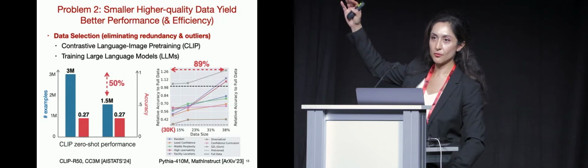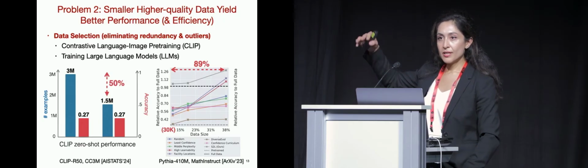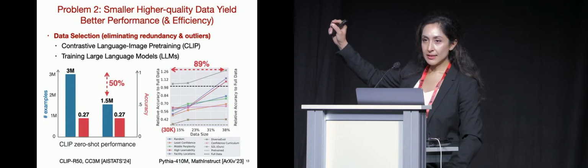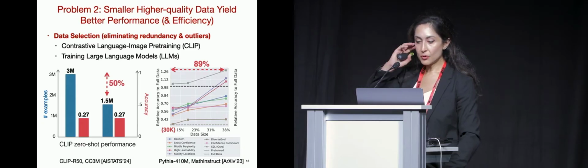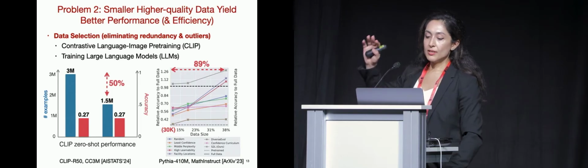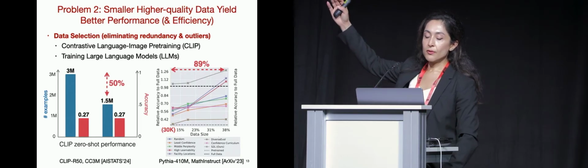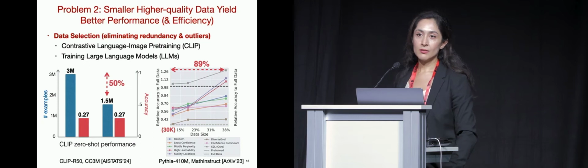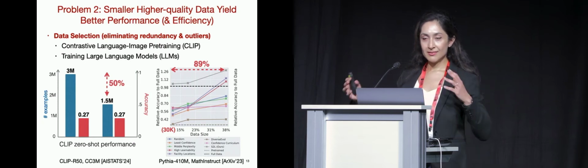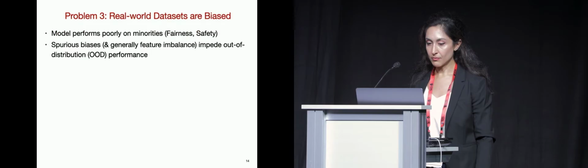We can already outperform it. And now, if we keep increasing the size of the data, selecting non-redundant examples, when we get to 38%, we are outperforming the full data by a lot, right? So this is another thing that we have to be careful about.